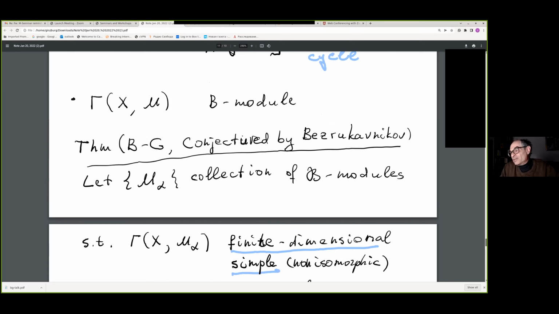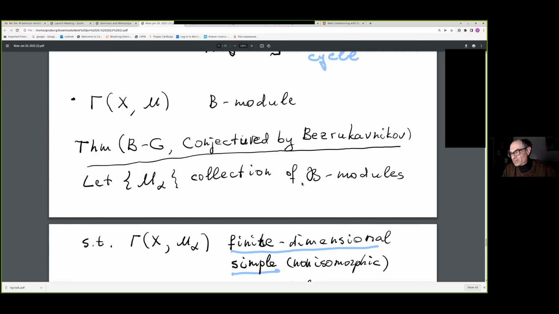So the characteristic cycle is simply: you take irreducible components of the 0 fiber, and each component comes with some multiplicity depending on your module M. And the claim is that if your modules are irreducible and finite dimensional, then the corresponding characteristic cycles, the linear combinations of the same components, are all linearly independent. That's the statement. In particular, if there's only one component, there can be only one finite dimensional representation.